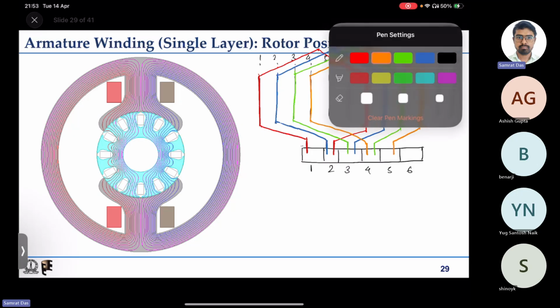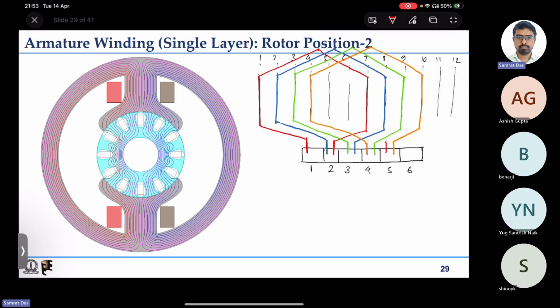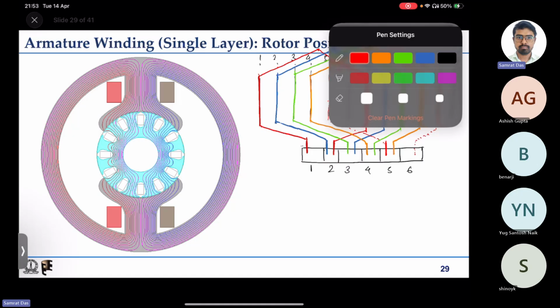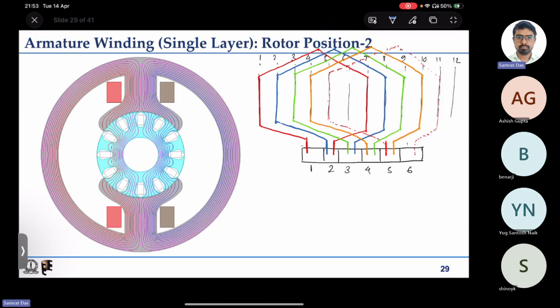Then the next one, we are left with no other colors, so we will again have red color. That will go to slot number 5, and it will come back to slot number 11, and it will get shorted to commutator segment number 6.